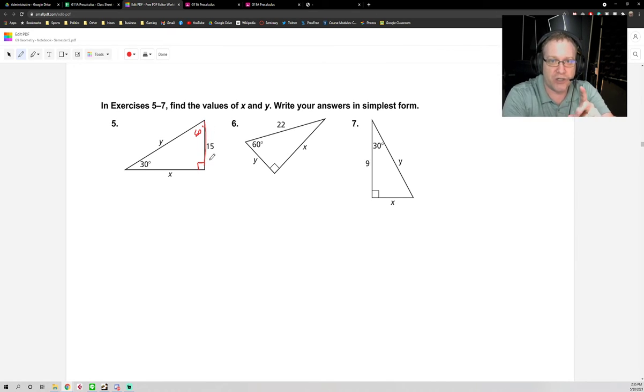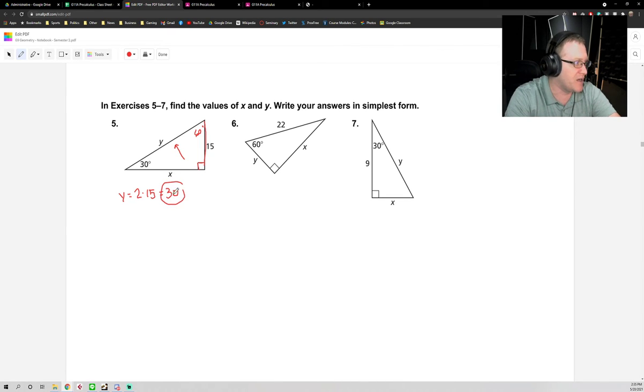Well, we just learned that if the short leg is 15, then the hypotenuse has to be 2 times 15. So y here is going to be 2 times 15, which is what? What is 2 times 15? 30. All right? We know that y has to be 30. Good. That's our first answer.